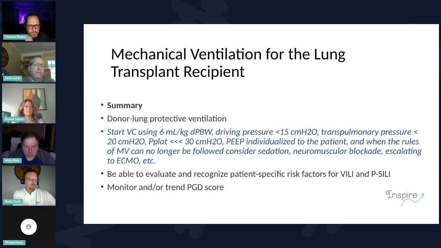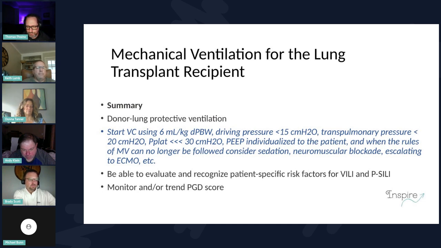Now, something that's important to think about is that with the donor lungs, while they're still in the donor, there's really no risk of patient self-inflicted lung injury, right? Because they're all apneic.